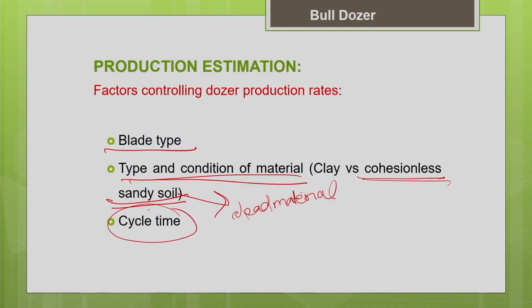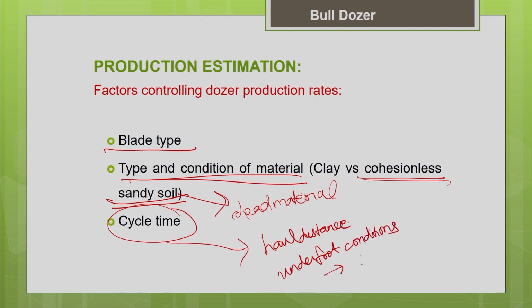Then the cycle time. The cycle time depends upon how much distance you are going to travel, the haul distance, and which route you are adopting. The condition of that haul route, the project underfoot conditions, is going to affect your cycle time.